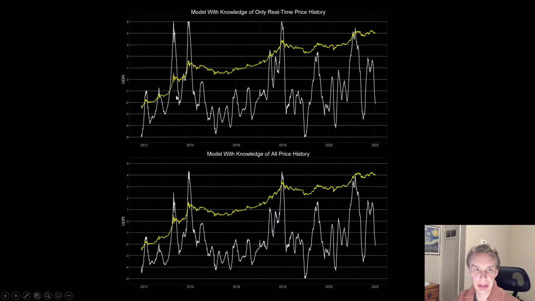You can see that even in this 2013 mid-cycle peak, it shoots up to 5, comes back down into the negative, shoots back up to 5 at the actual market cycle peak in 2013, and then comes down into this bear market, very low risk.